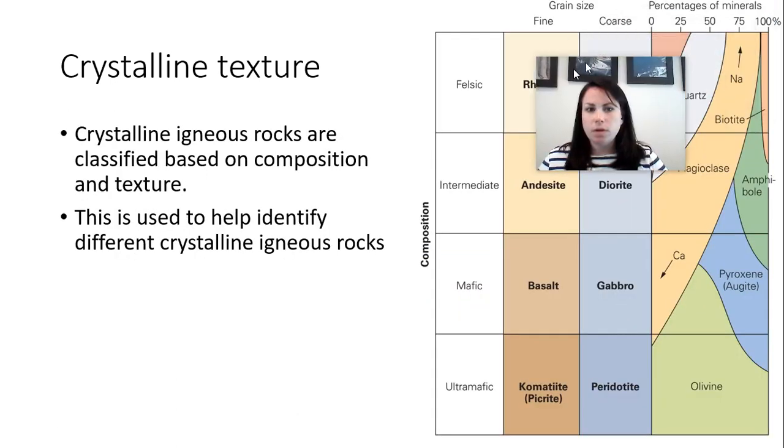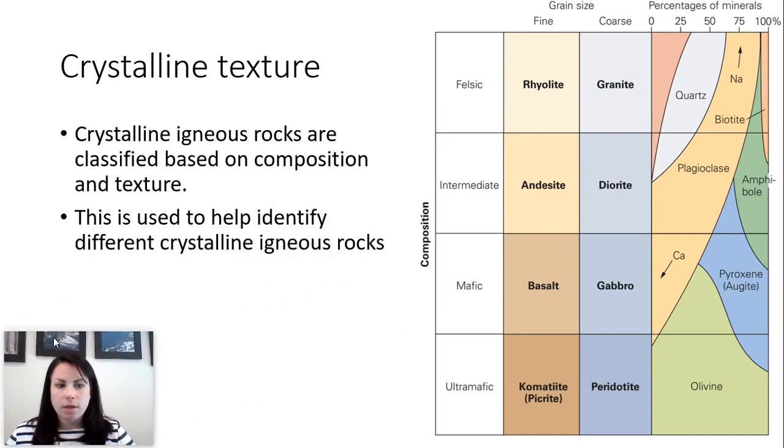Let me move my face. Here's a chart that we use to classify crystalline texture. These can be based on the composition as well as the texture, which I just described. And this helps us define the different types of igneous rocks.